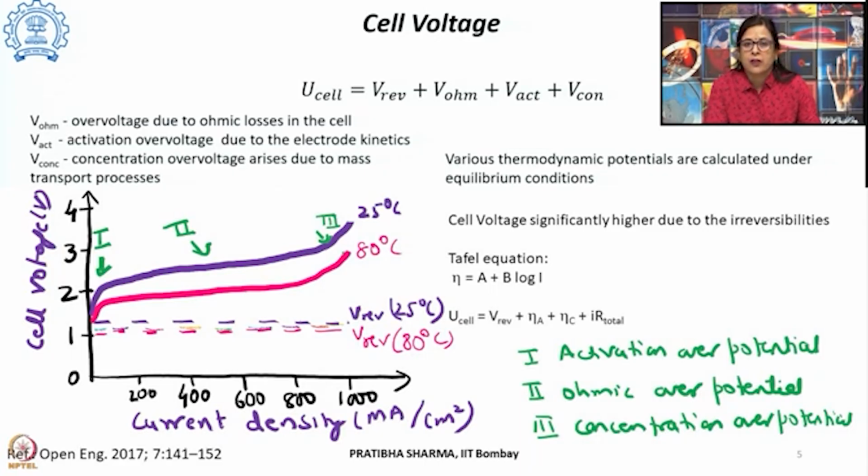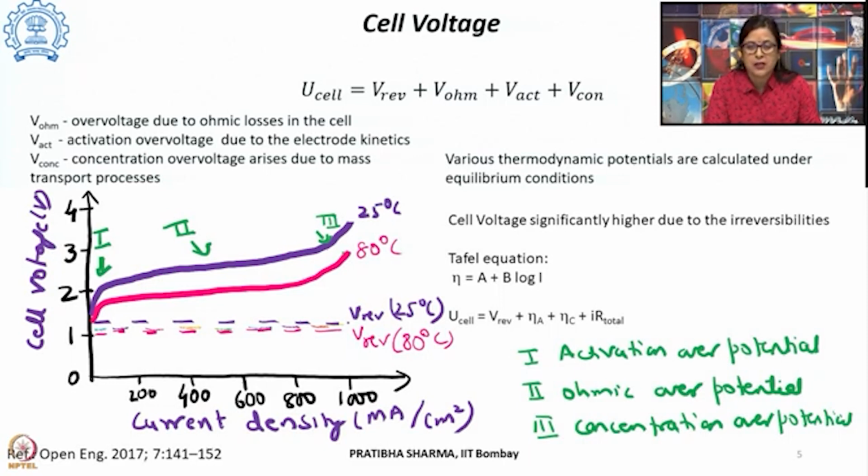Now the various thermodynamic potentials that are calculated, which we have seen in the earlier class, are calculated under equilibrium conditions. By equilibrium conditions we mean that there are no irreversibilities involved, but in actual practice the cell voltage required is sufficiently higher because of the various irreversibilities in the cell.